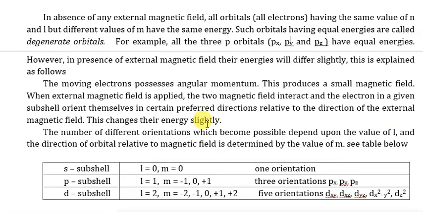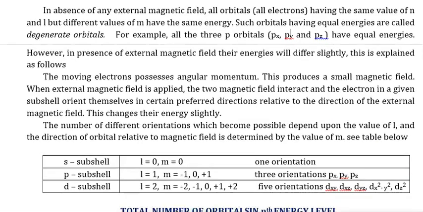Na mkao wa atomic orbitals ukibadilika, that means their energy changes slightly. So the number of different orientations which become possible depends upon the value of L, and the direction of orbital relative to magnetic field is determined by the value of m.